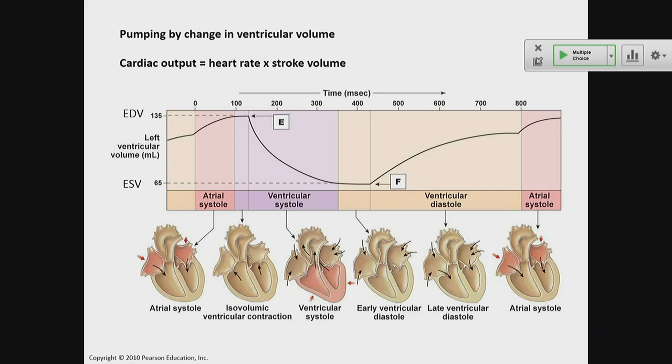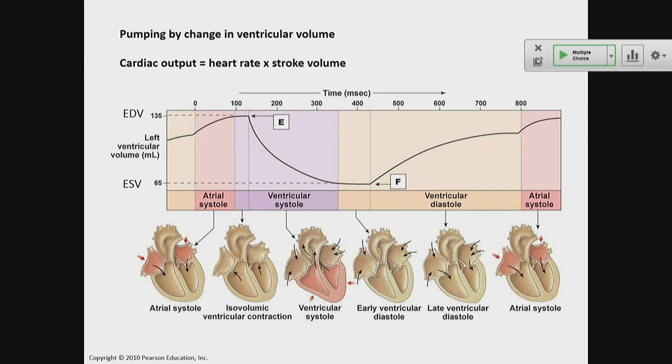That's the volume that's ejected from the ventricle at every stroke. If there are 135 milliliters in the heart at the beginning of the contraction and 65 at the end, the difference between the two is ejected from the heart.